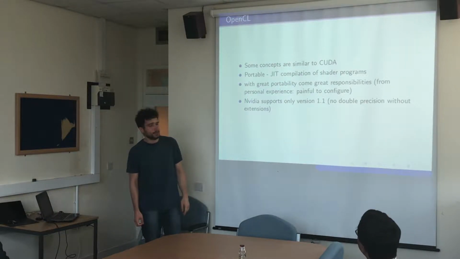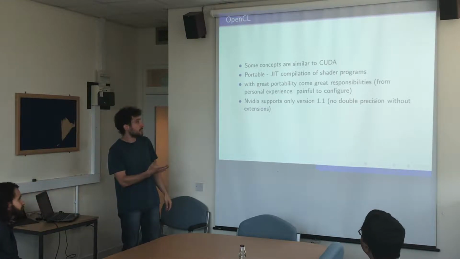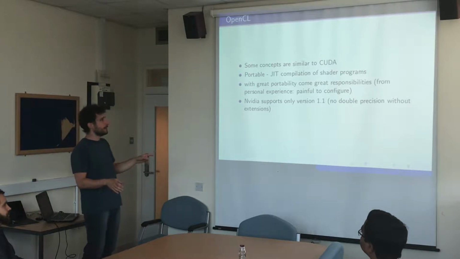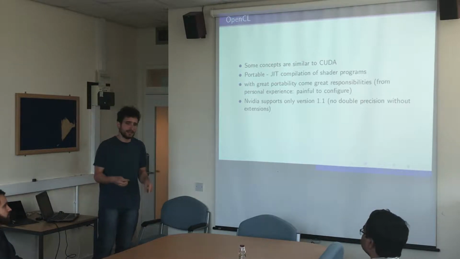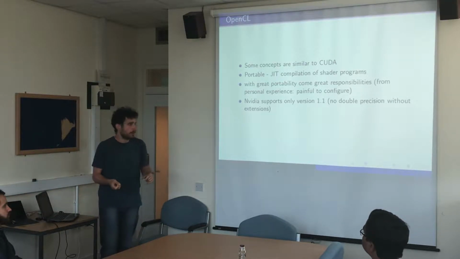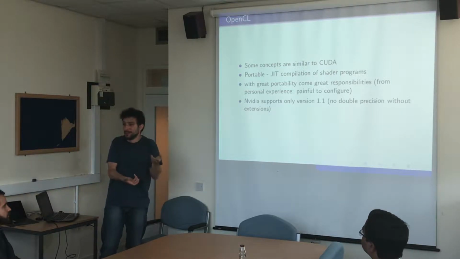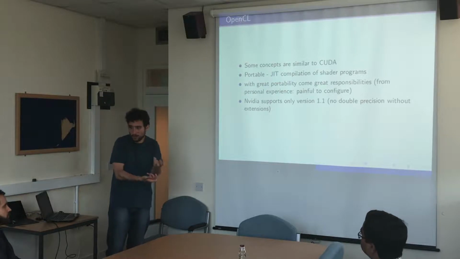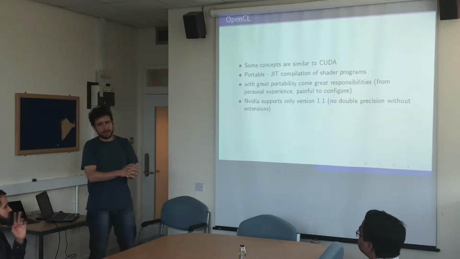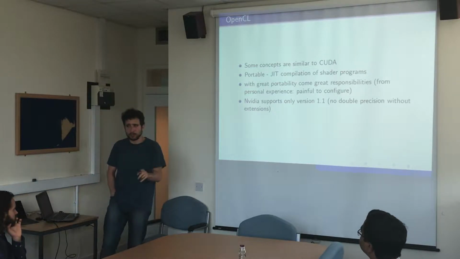And the most striking thing is that in version 1.1 there is no double precision support, okay? Except with extensions. So in 1.1, if you want to have double precision arithmetic, you need to load some extension, which depends on the accelerator you want to work with.